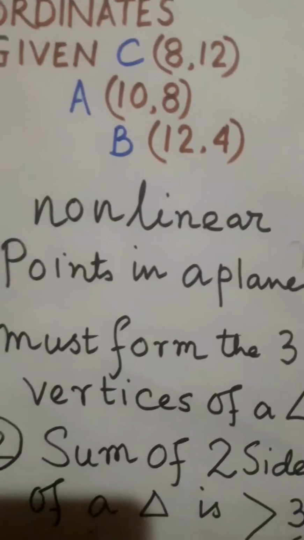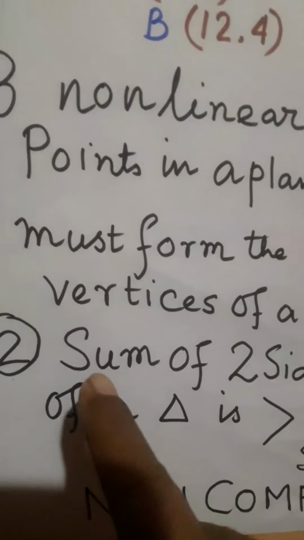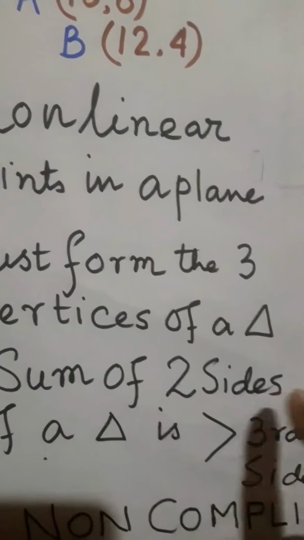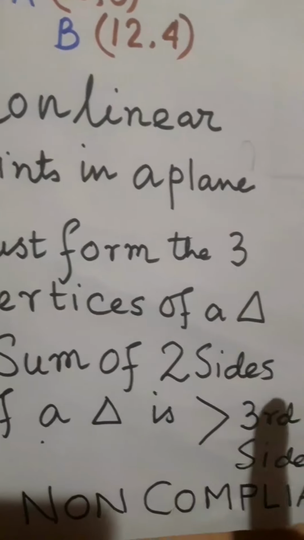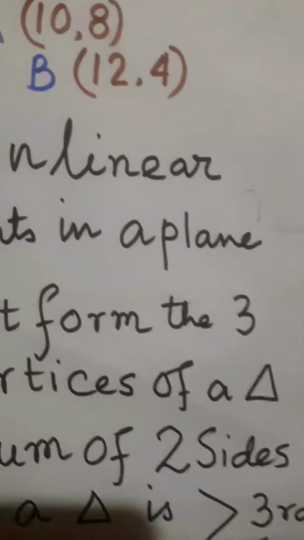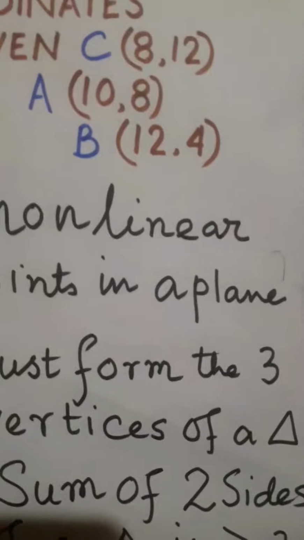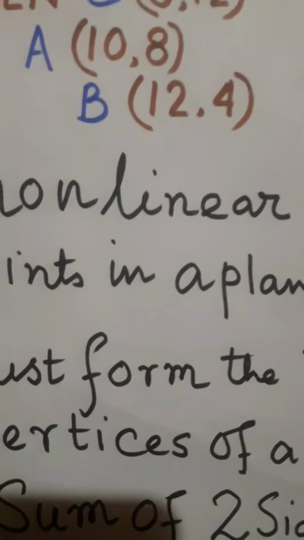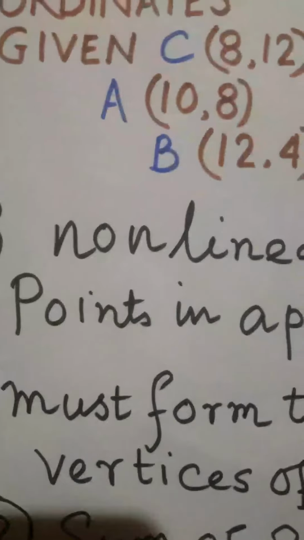And second assumption is that whenever there is a triangle, the sum of the lengths of 2 sides of a triangle is always greater than the third side. If it's found that the sum of 2 sides is not greater than the third side, then the assumption is wrong.